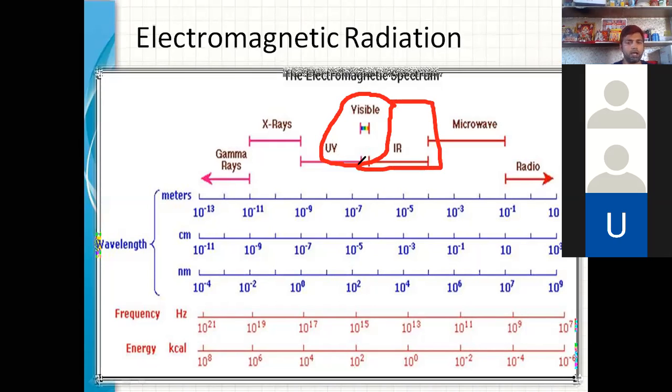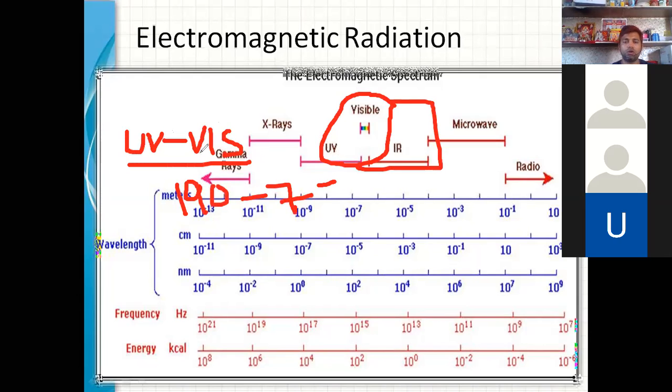UV visible is from 190 to 750 nanometers, both the ultraviolet and visible spectrum.